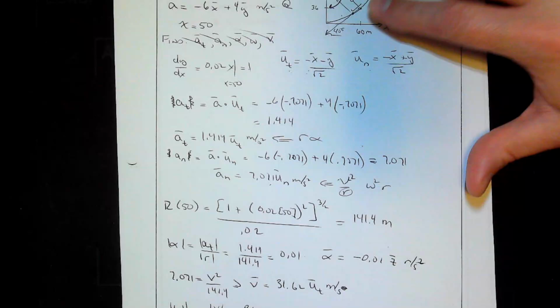All right. But this tells me a lot. I know this is related to r alpha. This is related to v squared over r and omega squared r. So if I knew r, I could back out omega and v.